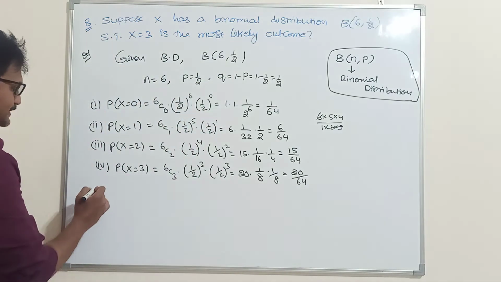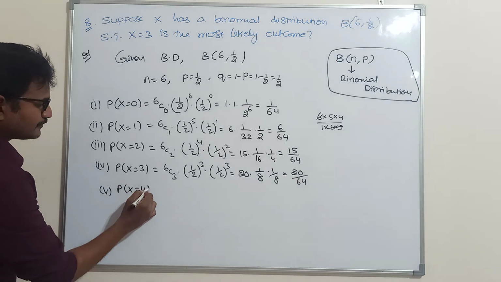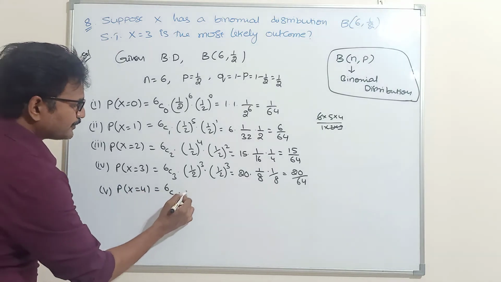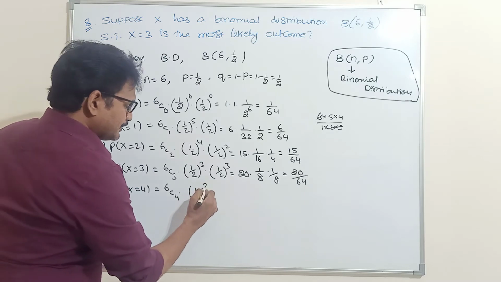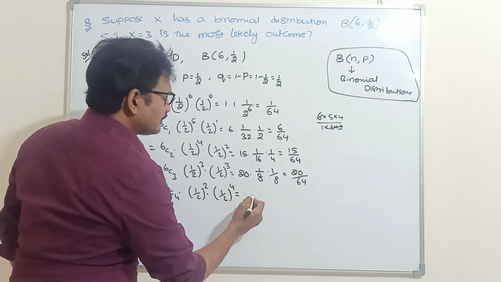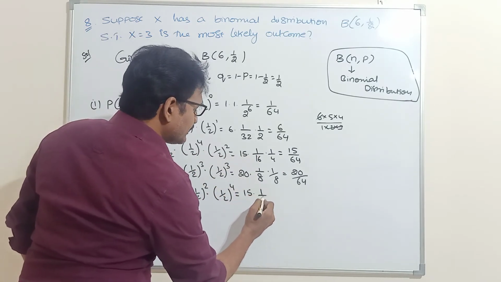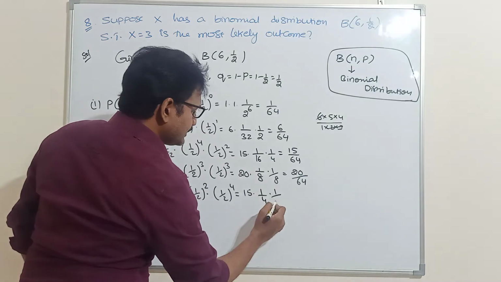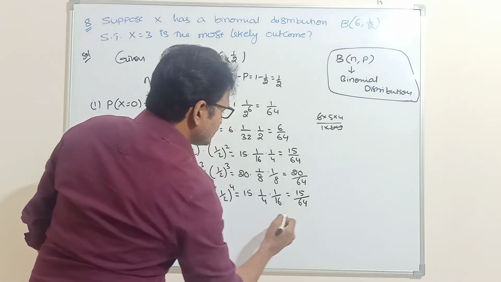Next, fifth one, P(X = 4) = 6C4 (1/2)^2 (1/2)^4. 6C4 value and 6C2 value both are same. 15 into 1/4 into 1/16, 15/64.